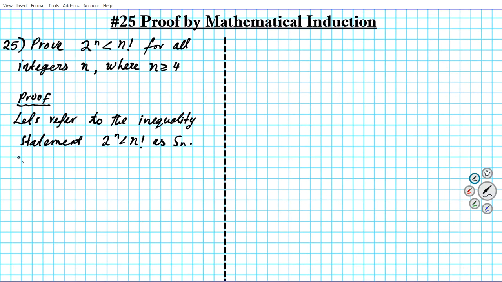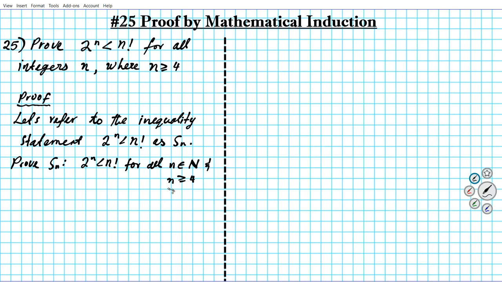So we're trying to prove S sub n, which is that 2 to the n is less than n factorial for all n in the set of natural numbers and n is greater than or equal to 4. This just means n is a positive integer and n is at least 4.